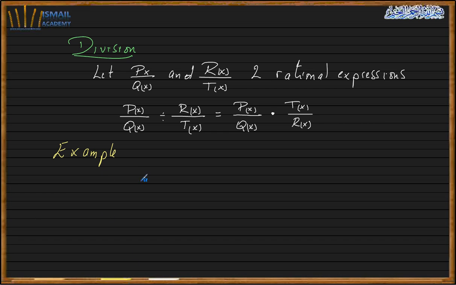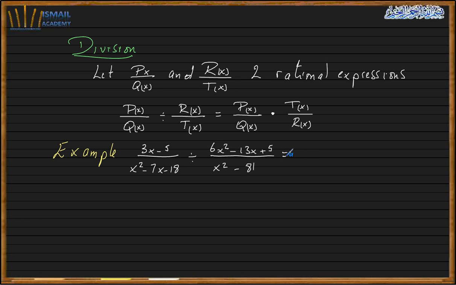Suppose I have 3x minus 5 divided by x squared minus 7x minus 18, divided here by 6x squared minus 13x plus 5 over x squared minus 81.